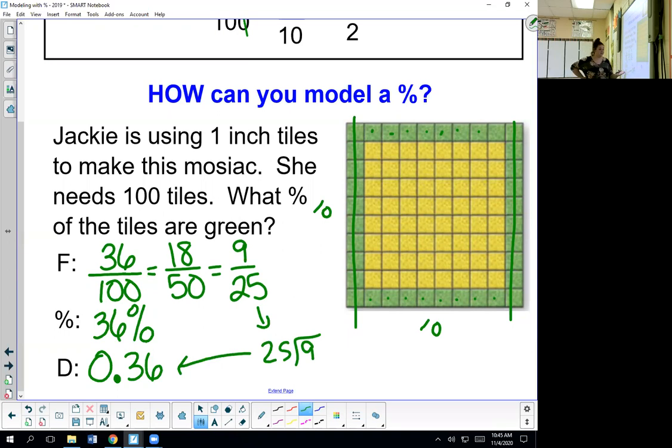If you know what 36 hundredths looks like as a decimal, then you write it. So this is the answer simplified as a fraction. So that means for every 9 green tiles I see, there are 25 in total. Then another 9 out of 25, then another 9 out of 25. So again, that is comparing green to the total, so a part to the whole.